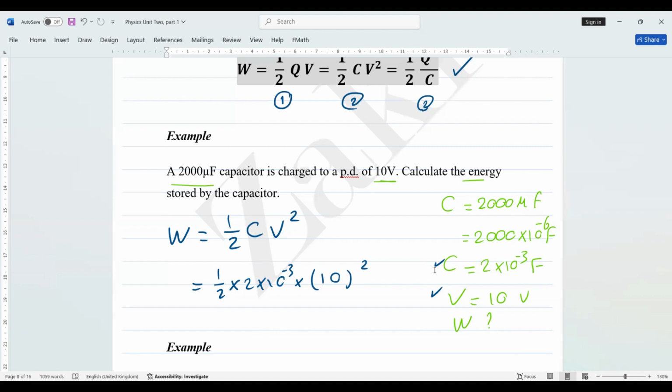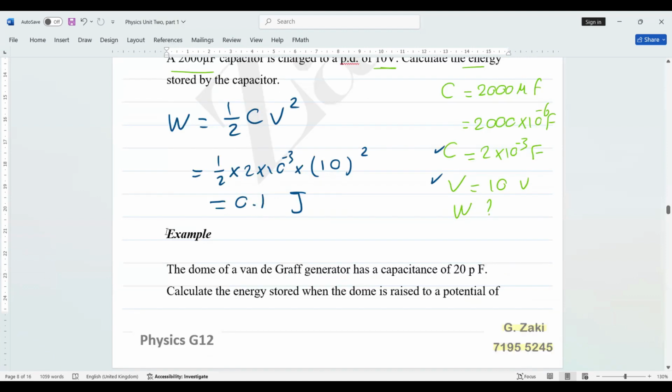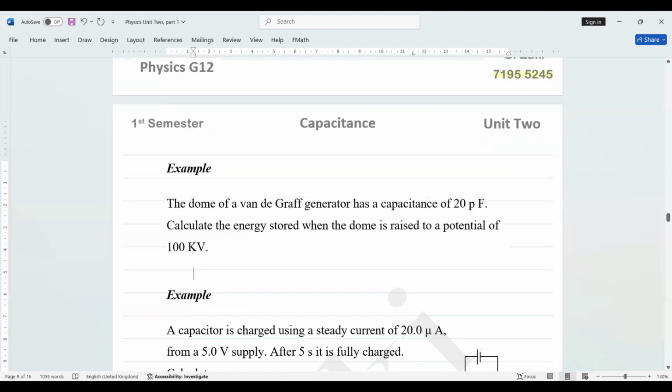So the answer is 0.1. 0.1 what? Joule. This is the energy stored. Now, try to solve this example. I will move it down. Okay, try to solve this question, please.